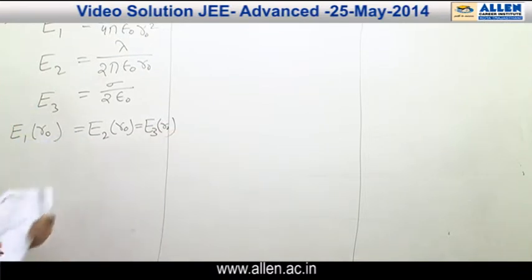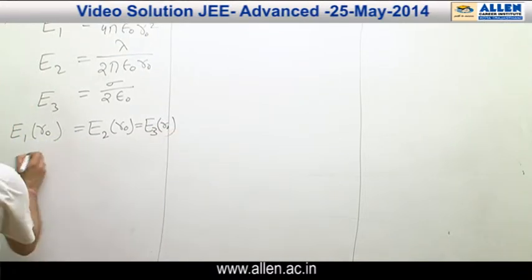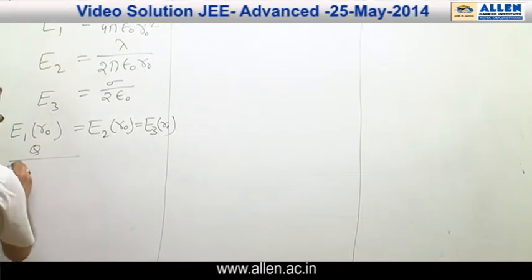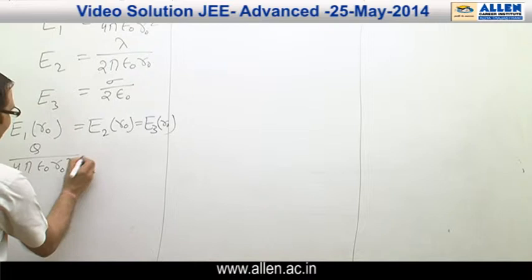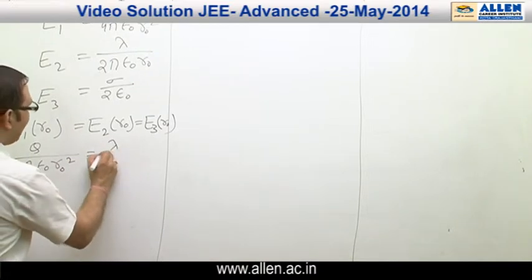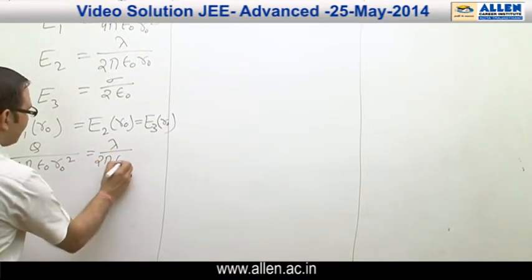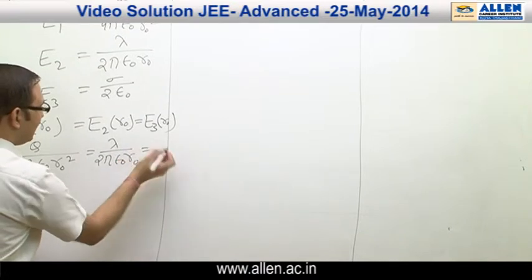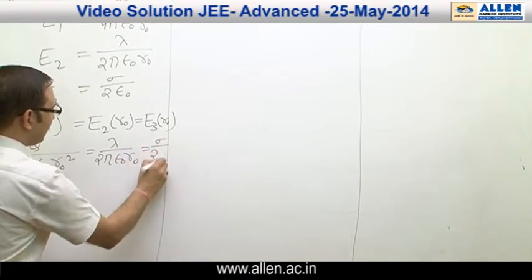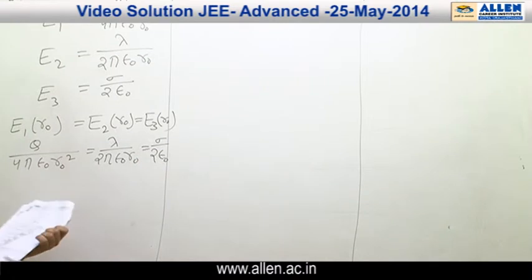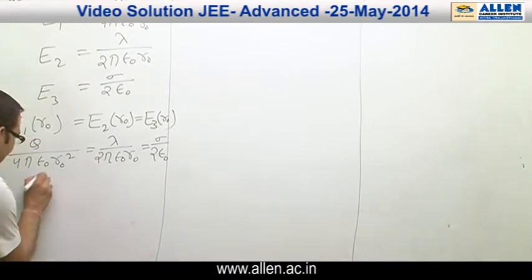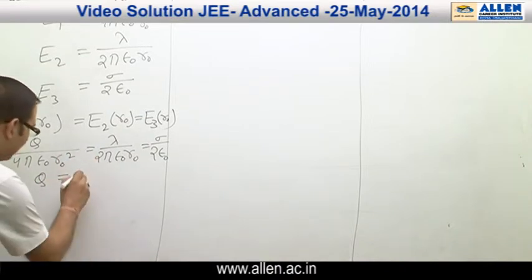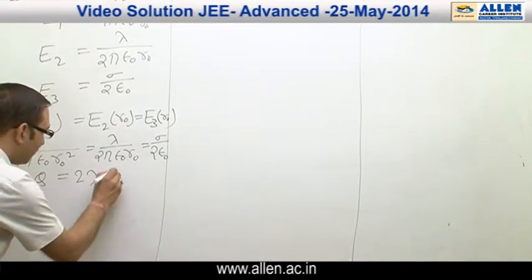When we put the values of E1, E2, E3, it becomes Q upon 4 pi epsilon naught R naught square is equal to lambda upon 2 pi epsilon naught R naught is equal to sigma upon 2 epsilon naught. When we solve this equation, we will get Q equal to 2 lambda R naught.